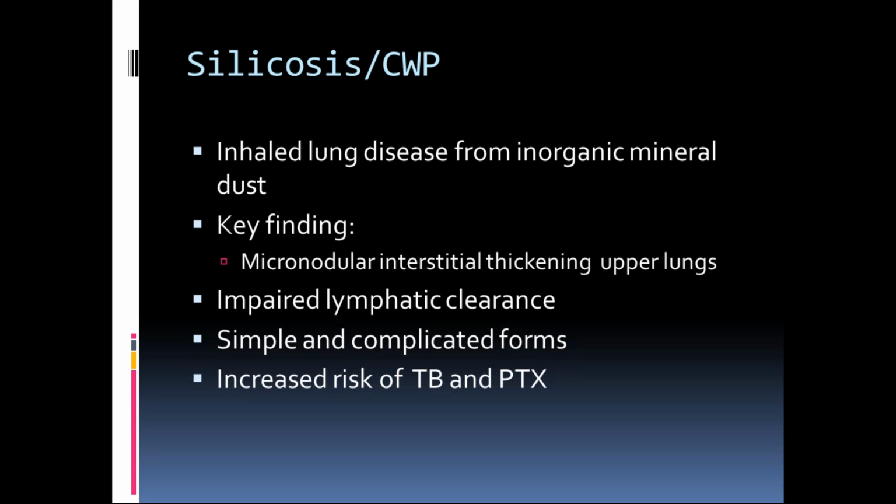So TB lives in the upper lobes, okay? That's where the aeration is. That's where it's going to live. And if you have impaired lymphatic clearance, you're going to have increased risk. Pneumothorax is a little bit different. So what happens to the lungs with the pneumoconiosis? You're going to get the cicatricial scarring or emphysema, and I'll show you a picture of that.